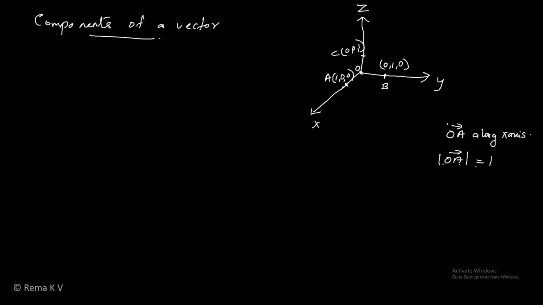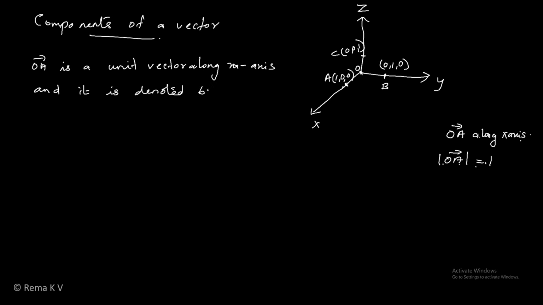That is, vector OA is a unit vector along the x-axis, and it is denoted by I cap. It is the vector having magnitude 1 unit along the x-axis.